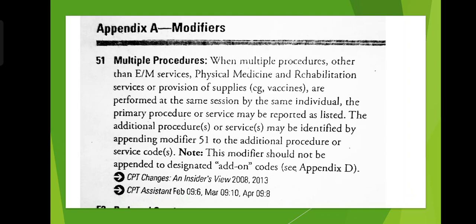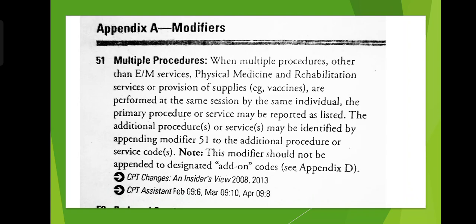These additional procedures or services may be identified by appending modifier 51 to the additional procedure or service codes. Okay. Note they have given: this modifier should not be appended to designated add-on codes.